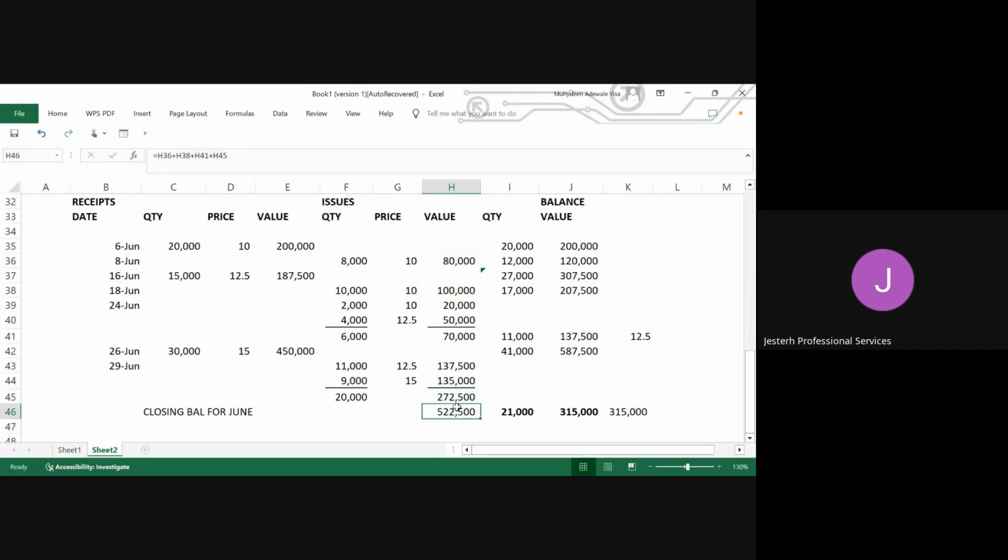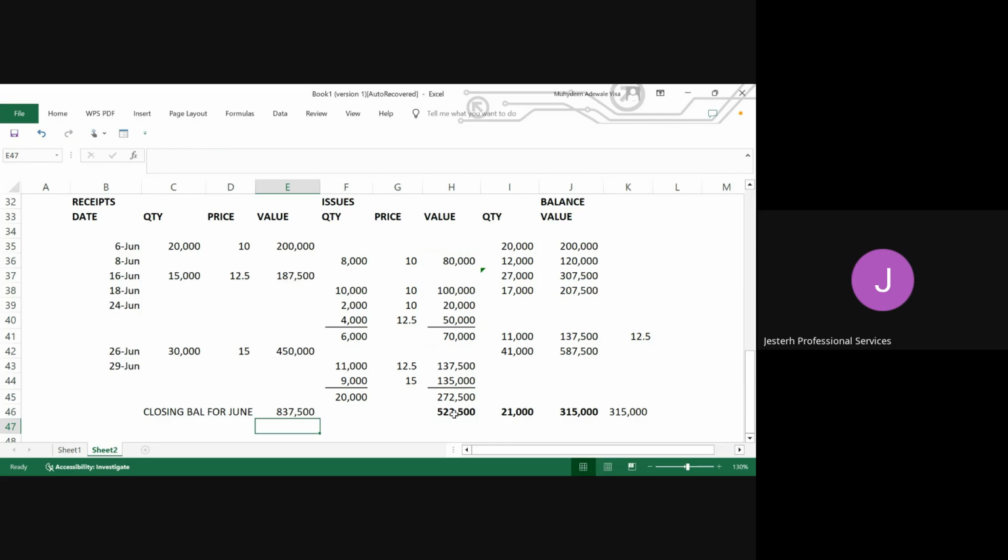Now this is the total value of the products that we issue out. Now, what is the total value of the products that we purchase? 200,000 for the first one, 187,500, and then the last one is 450,000. Now, this is the total of what we purchase.